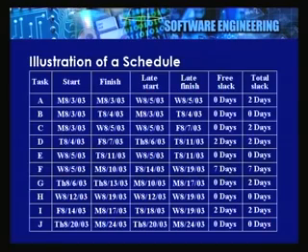Now, you look at the slide, you will see an illustration of a schedule. The schedule that you actually print out and put on the board or email to everybody states what the tasks are, the start time, finish time, the late finish, early finish, and the slack available, free slack, total slack.